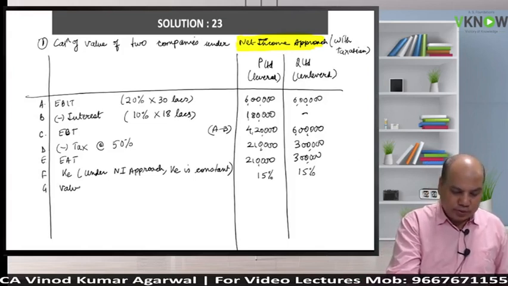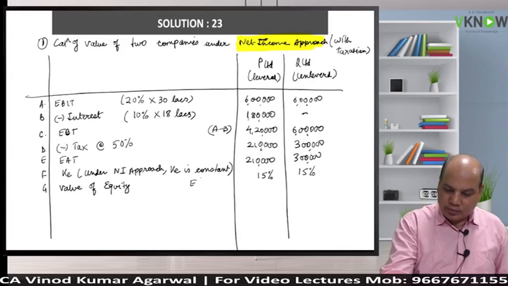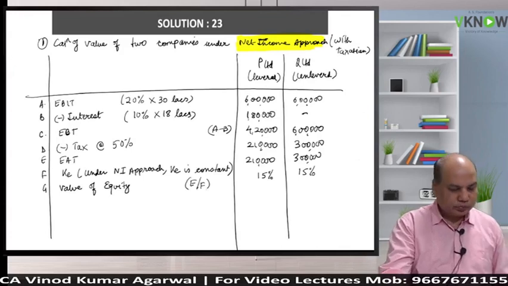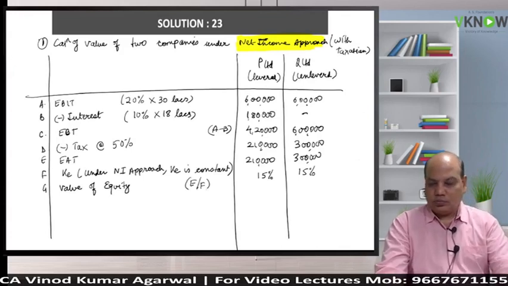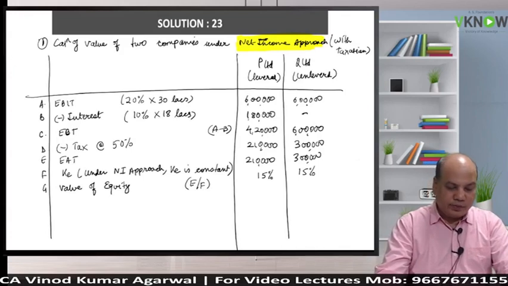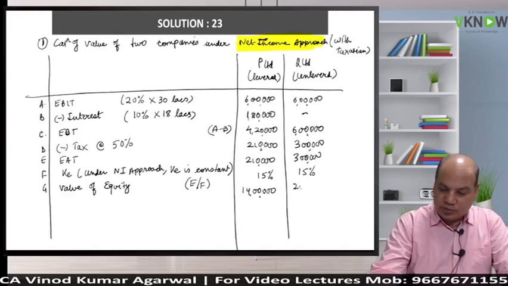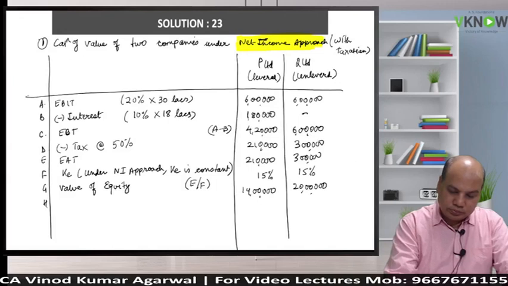Point number next. Value of equity, E divided by F. 2,10,000 divided by 15% is 14 lakh. 3 lakh divided by 15% is 20 lakh. Next point is add value of debt.